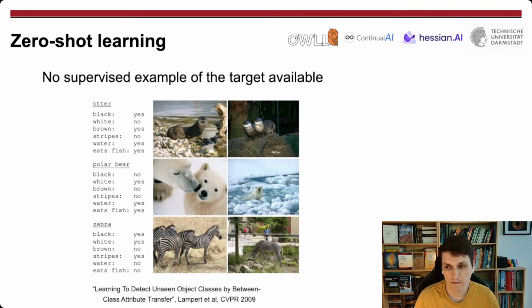An even more extreme version of that, which is often referred to as zero-shot learning, does something quite similar, but it's called zero-shot because it's assumed that no supervised example of the target is available at all. And this is maybe not the most intuitive thing ever, but the rationale behind this is that it's usually considered in applications where you don't just have a single source of information.